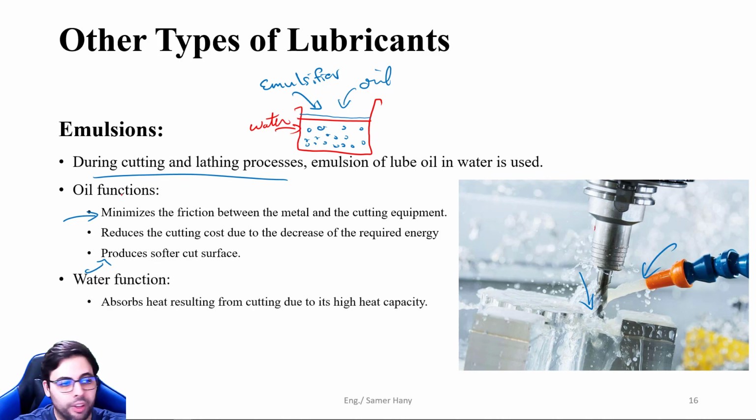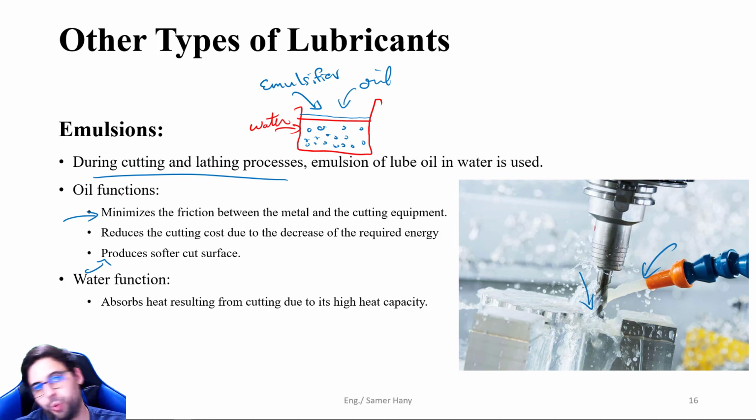Okay, so what's the water function in this? This is an application where two solids are heavily interacting and bumping into each other. So there will be some excess heat, and a lot of excess heat if we don't absorb it or cool it down. So the water function here is to absorb that heat resulting from the friction and the contact between the solids.